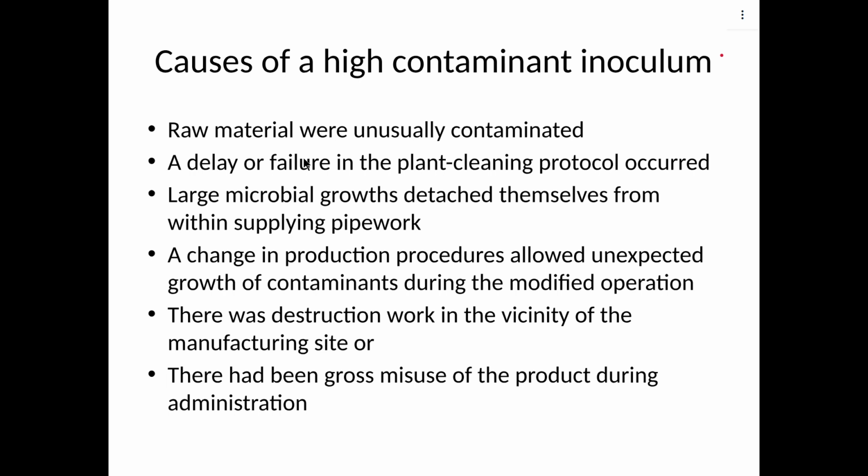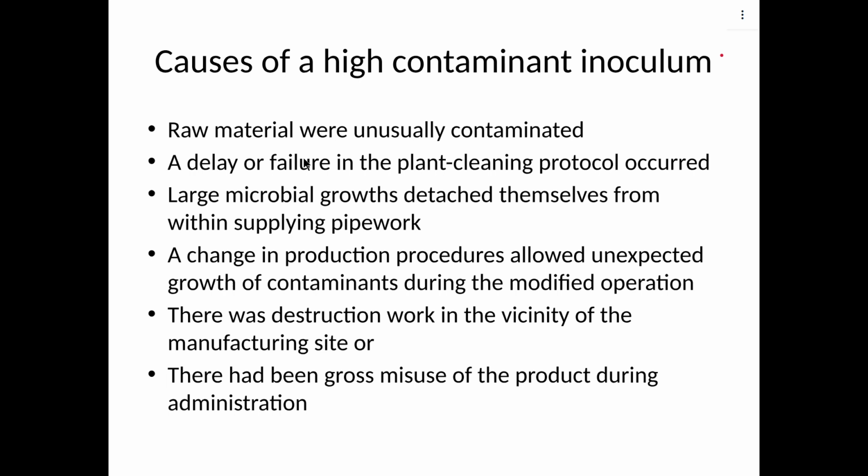occurred. Remember we said before, before you start producing another product, you have to ensure that cleaning is done and line clearance is done, so that you are able to prove that everything related to the previous product has been removed from the production area.